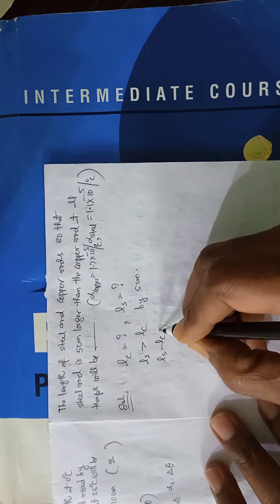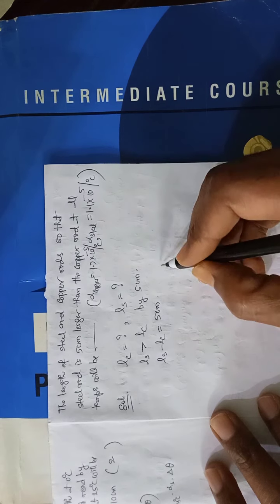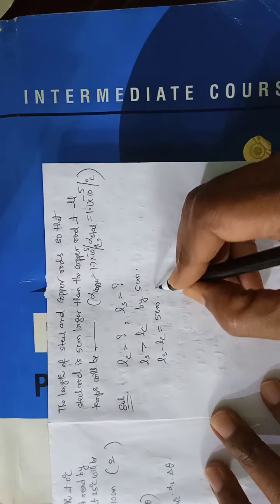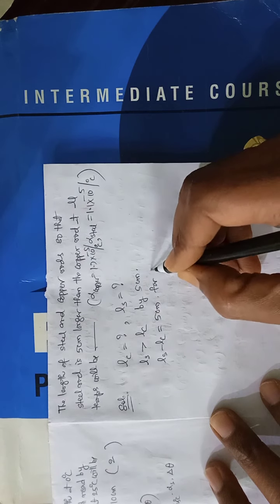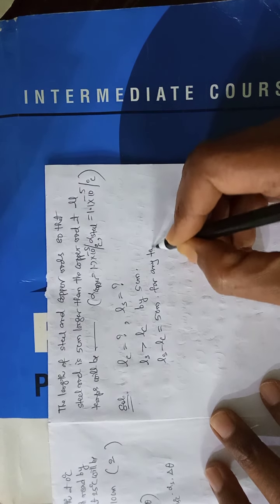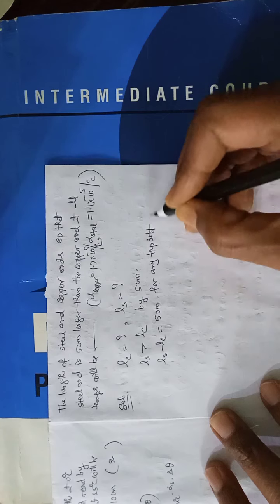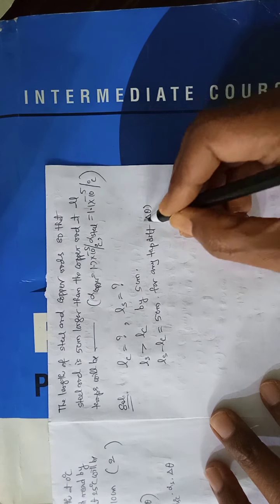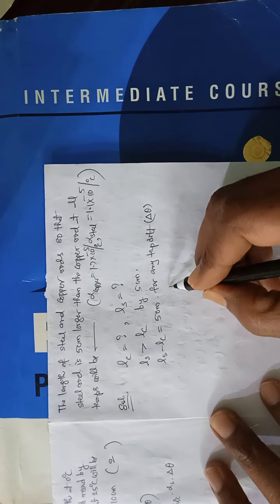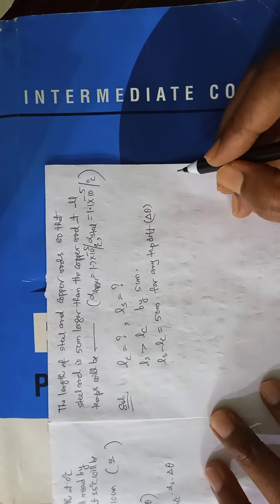It means what? LS minus LC is equal to 5 centimeters, for any temperature difference.